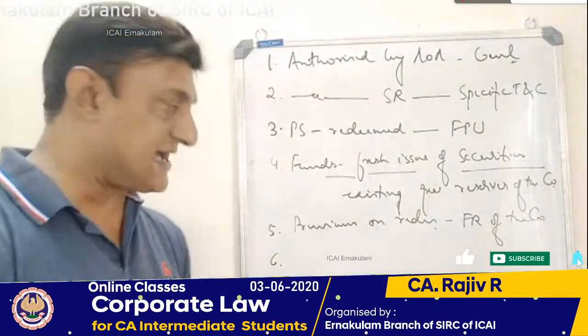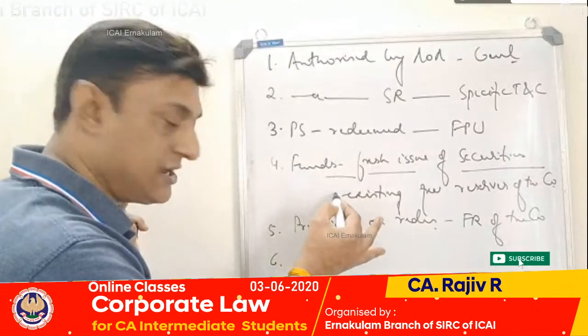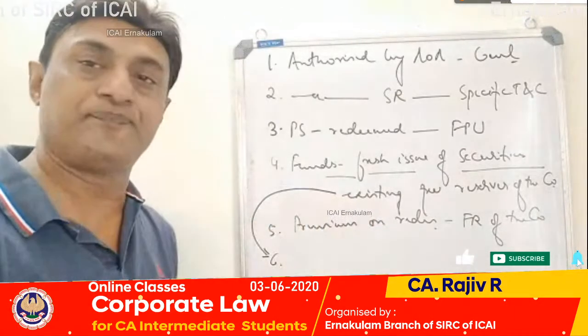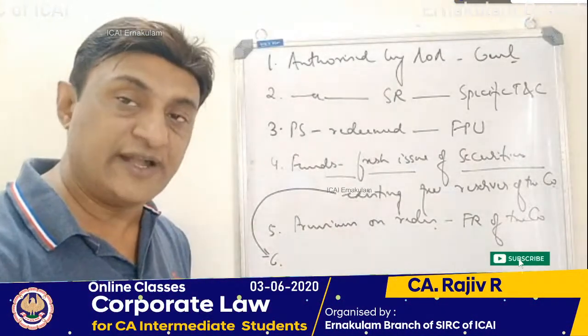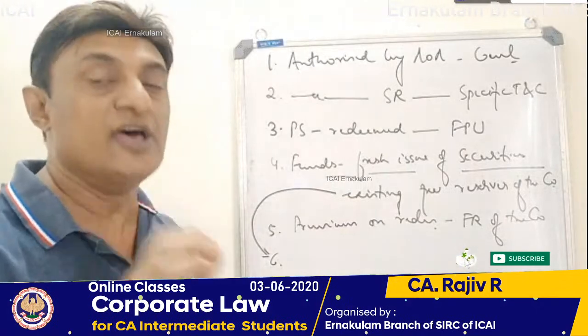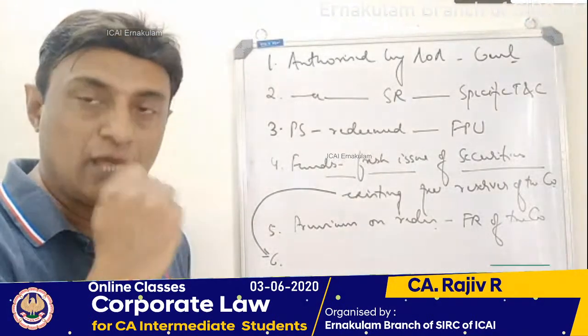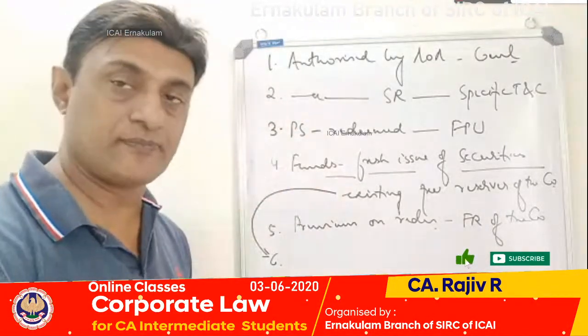Condition number 6 is that if you are funding the redemption out of the existing free reserves of the company, there are 2 sources of funding the redemption. 1, fresh issue of securities of any class. 2, utilizing the existing free reserves for that purpose.